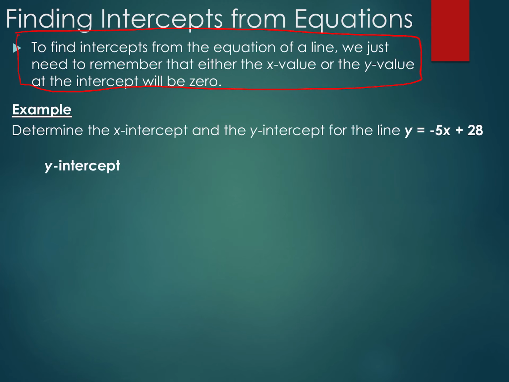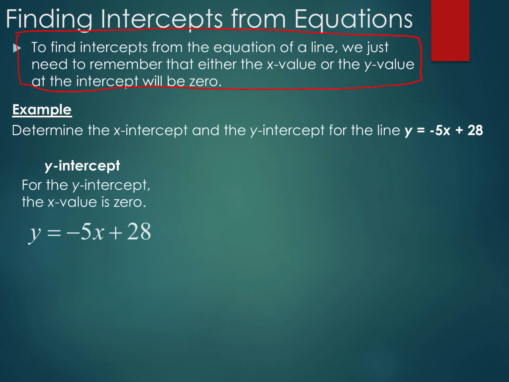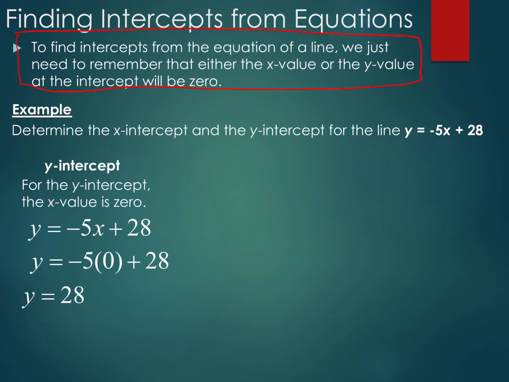So example. Let's say I've got a line that's y equals -5x plus 28. If I want the y-intercept, I just set the x value to 0. What I want to know is what y value will I get when the x value is 0. And so I plug in 0 and I get the answer 28. If you're right with me, you might think, well, I didn't have to do that. I knew just when I looked at the equation that that's the start value, that's the y-intercept right there.